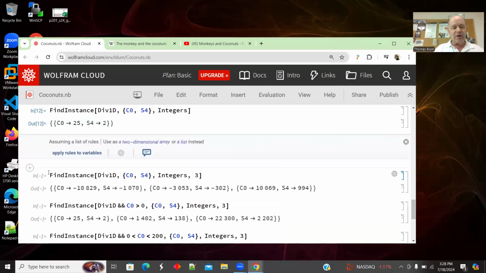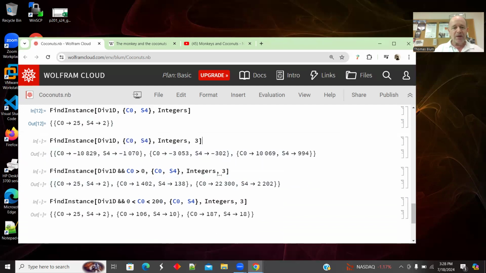I just want to show you some of the other possibilities of FindInstance, in case it didn't give you the one that you wanted. You can ask for multiple instances. Here I'm adding an argument that says give me 3 instances.